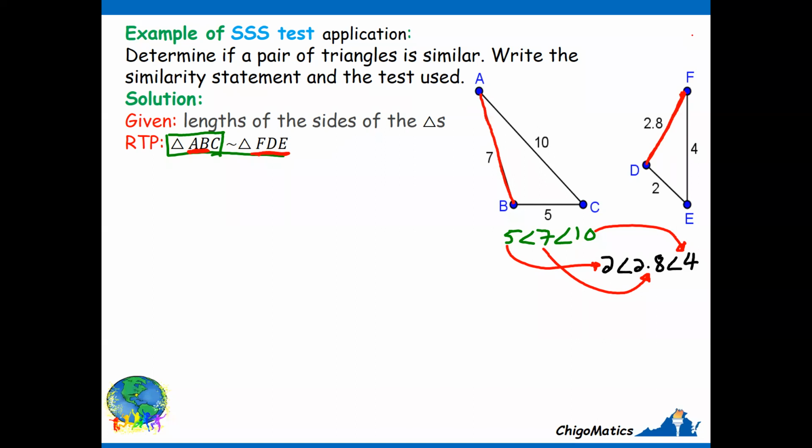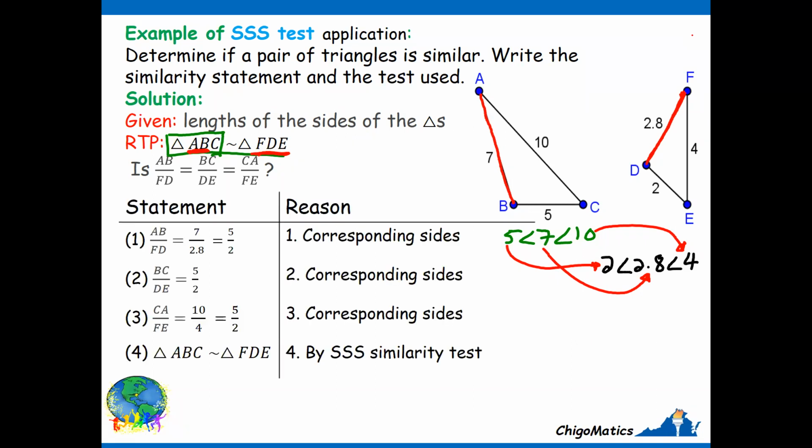So now you have your similarity statement, then you ask: AB over FD is equal to BC over DE is equal to CA over FE. Are we getting the same ratio? That is what you are supposed to show, yes or no, for you to then decide whether they are similar or not.